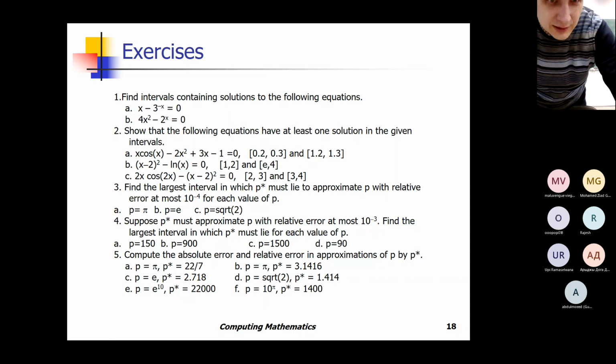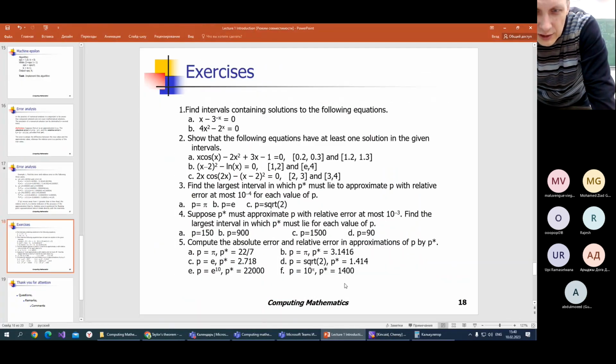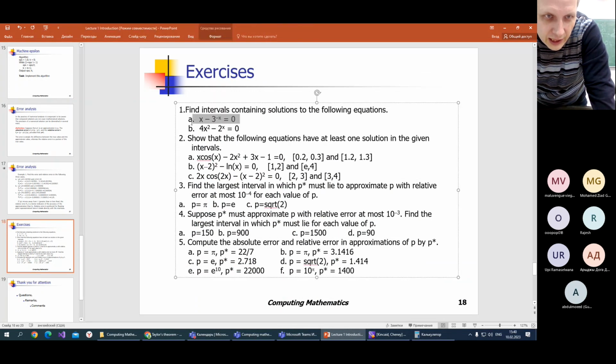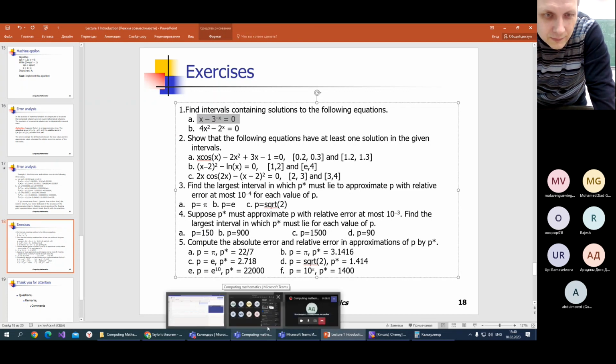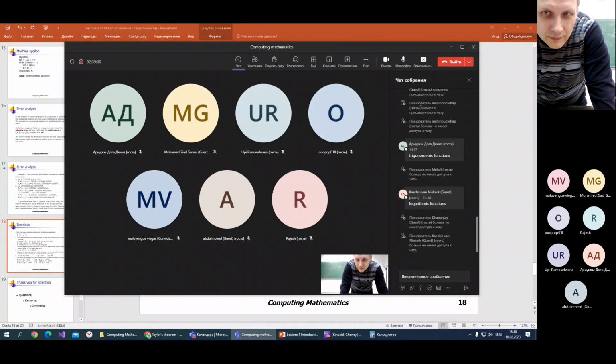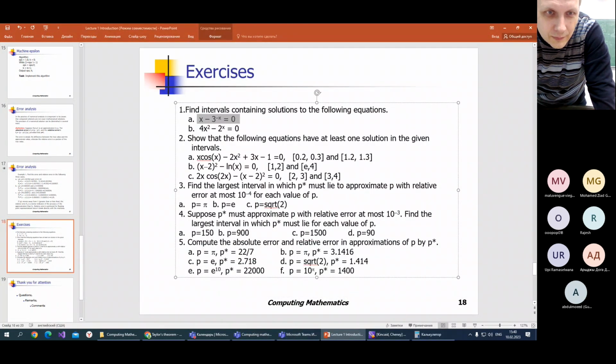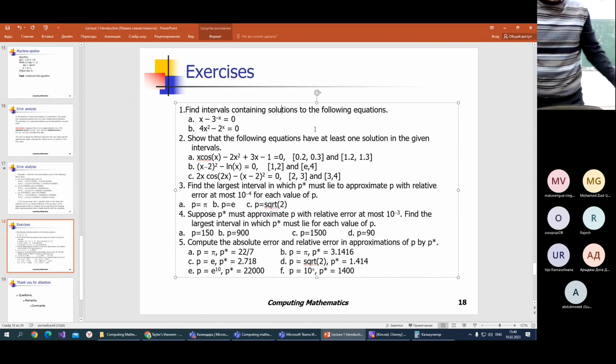Well, do you have any ideas how we can find the interval that contains the root of this equation? Minus 1 to 1. Why? Why not maybe from 1 to 2 or 1 to 3 or 4 to 7?